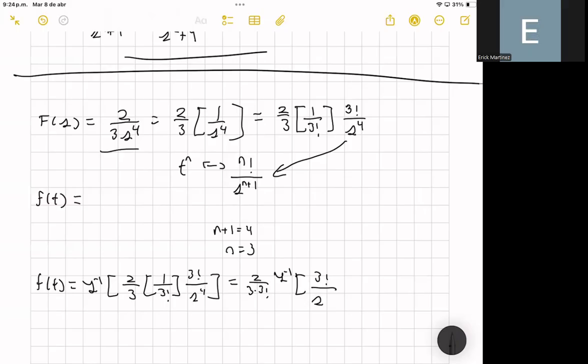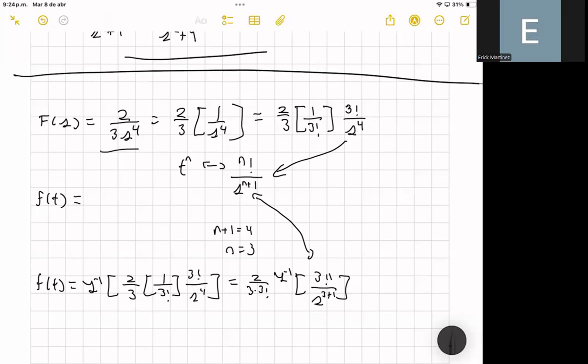But I can express this 4th power as 3 plus 1. Okay? And if you compare these two, they look very similar. In fact, we can compute the inverse Laplace transform directly because we have mostly the same expressions. We have a factorial, 3 factorial, that is the value of n. Also, we have s elevated to 4, that is the value of n plus 1.